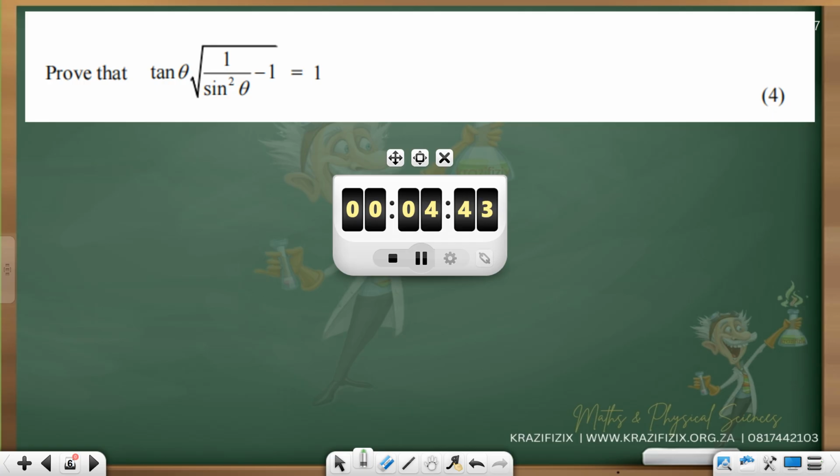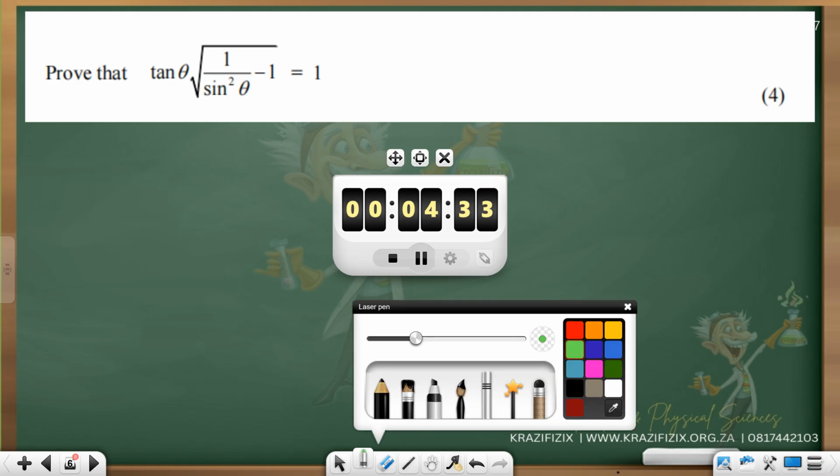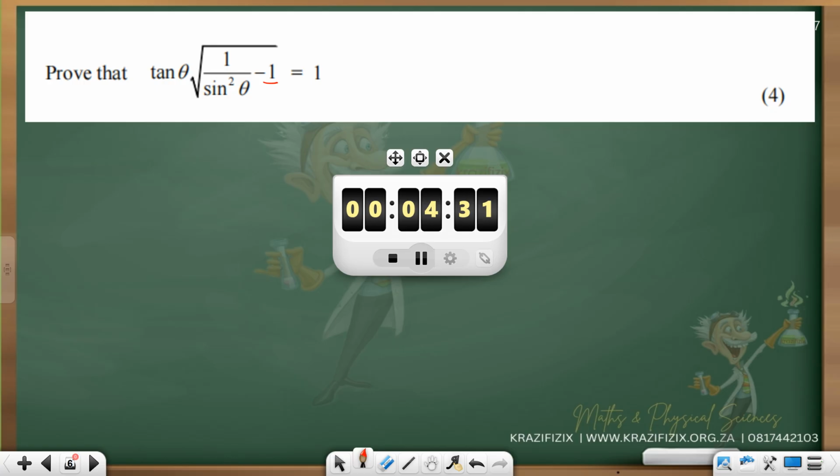Don't get a 0. Change whatever you can change. Change tan theta. Use fractions. Let me give you a little hint: this is 1 over 1. Work with that. Do the diagonal method and you'll get an answer. You'll be shocked at yourself for getting an answer.